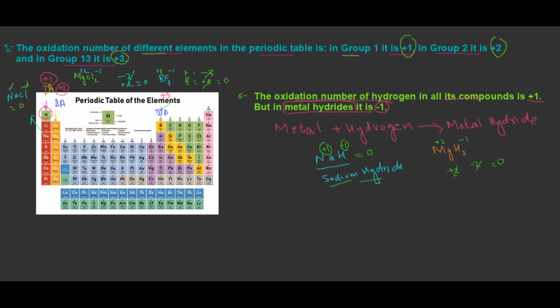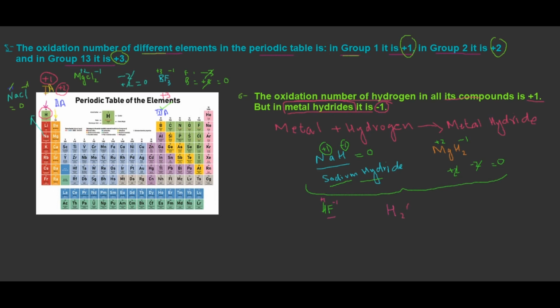Now other than metal hydride, the hydrogen atom will have positive 1 charge. For example, in hydrogen fluoride, fluorine has minus 1 charge and hydrogen has plus 1 charge. Fluorine is not a metal.